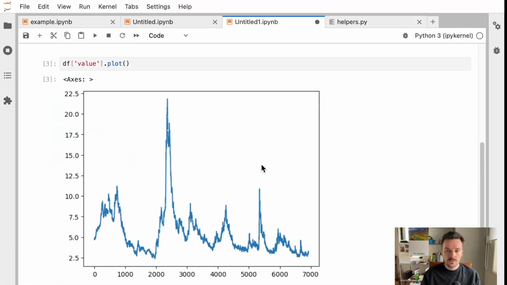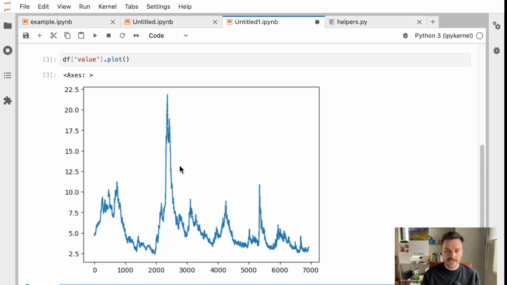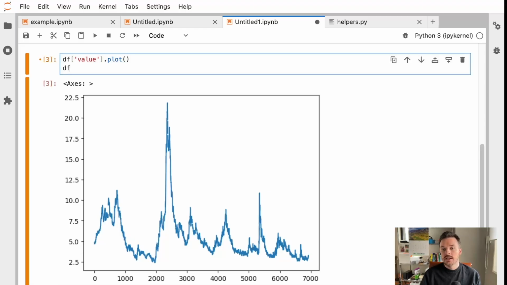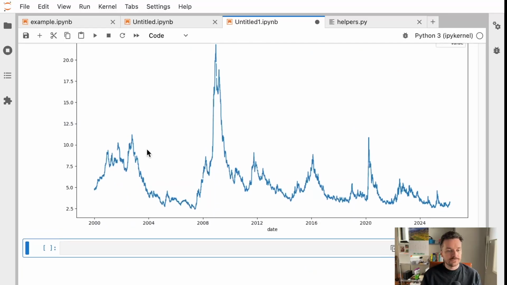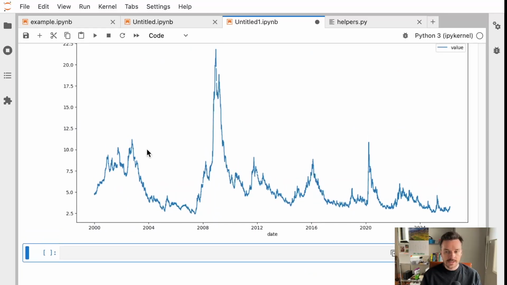If we wanted to see the axes, x equals date and y equals value, and then maybe we want to make it a little bit wider, so we'll do 15.7, and we can see this is looking pretty much exactly the same.